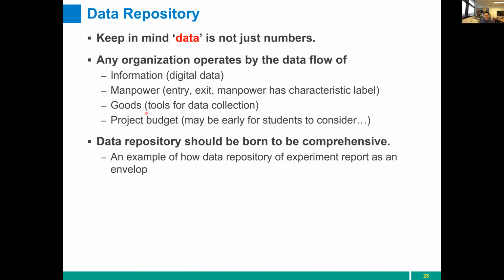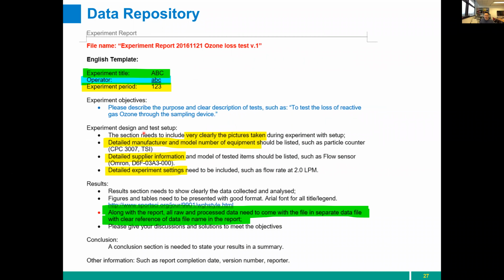The gas flow. The reason for these details is, if I review the document and I know this equipment has its own inherent limitations, I can immediately tell my students, you have used the wrong equipment for the experiments, you have to redo. If I don't have the information, when you pass this report to other people, those people may make a misjudgment, or may not be able to help you improve your experiment or your data collection.